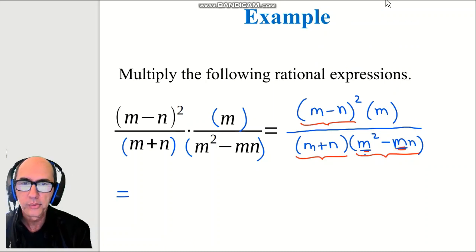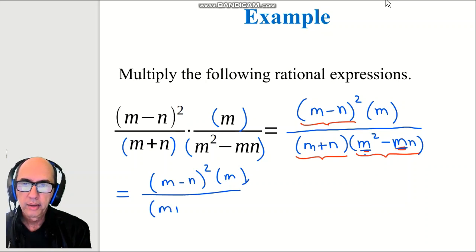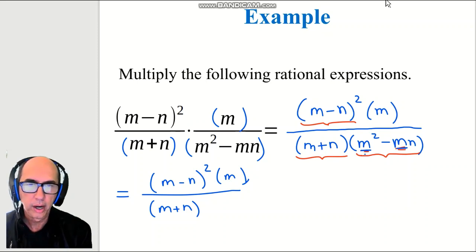So we can write, keep everything else the same. M plus n. And we can factor out the variable m. M times m is squared.